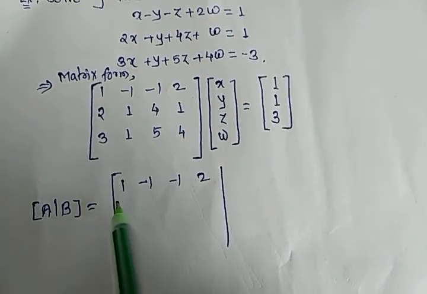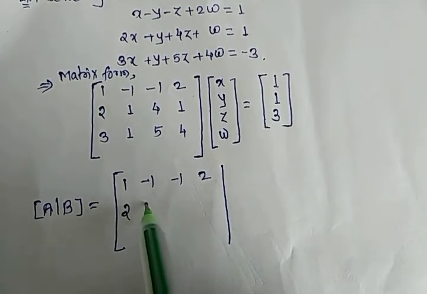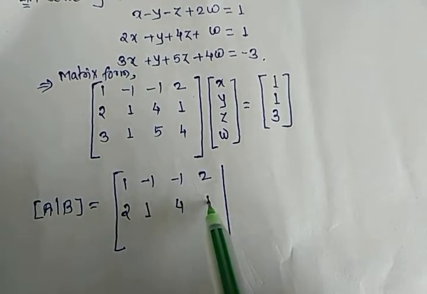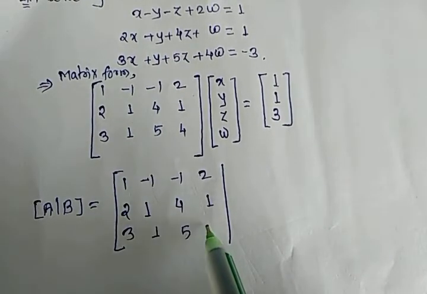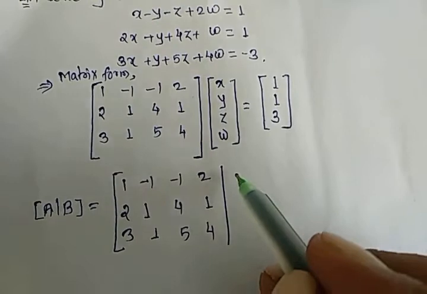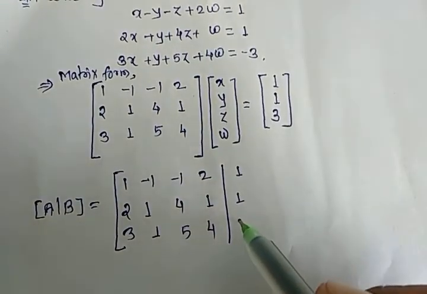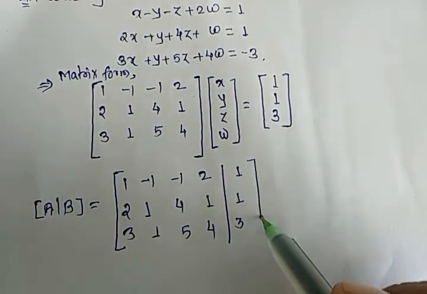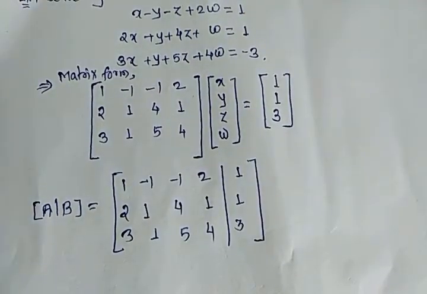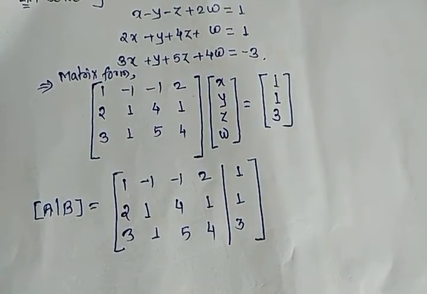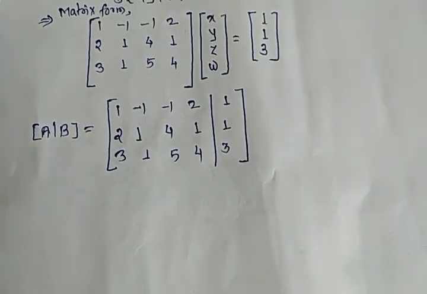So we write the coefficient matrix 2 1 4 1, 3 1 5 4, and the constant matrix is 1, 1, 3. We write the coefficient matrix and constant matrix as the augmented matrix.